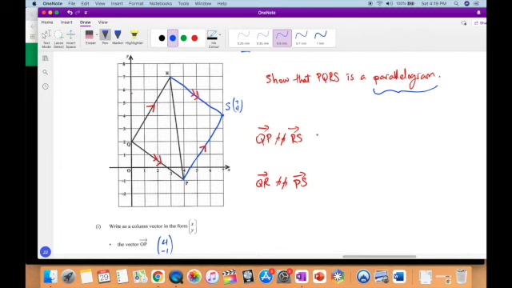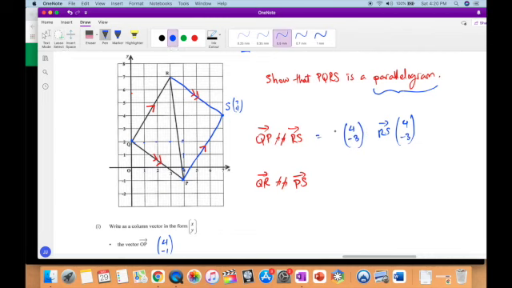So if we check vector QP, it is this, right? QP is 1, 2, 3, 4, and then 1, 2, negative 3. So QP is (4, -3). Let's check RS. RS is 1, 2, 3, 4, 1, 2, negative 3. RS is also (4, -3). So not only are they multiples of each other, but they are in fact equal.